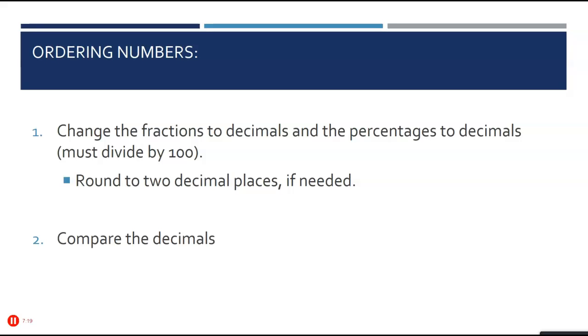For now, it's important to have at least 2 decimal places. And then we're going to compare those decimals. So to compare means to look at which one is larger, or order them from least to greatest.